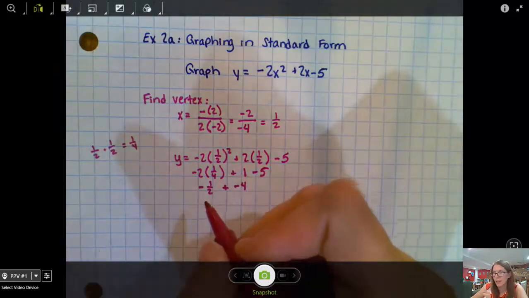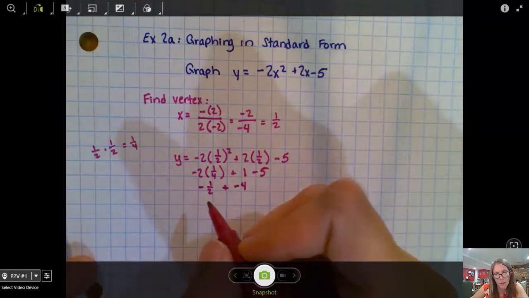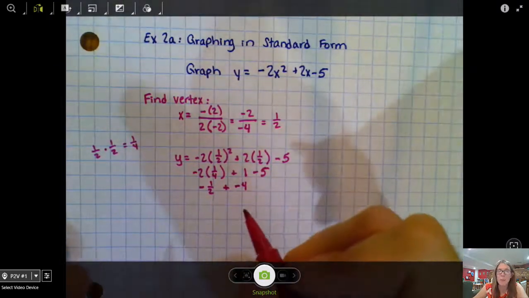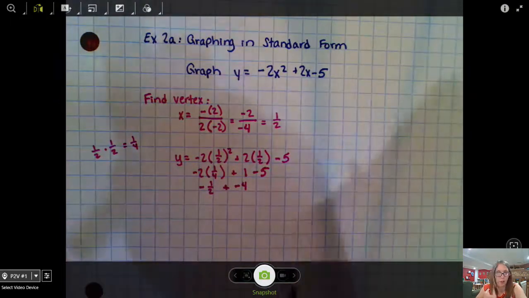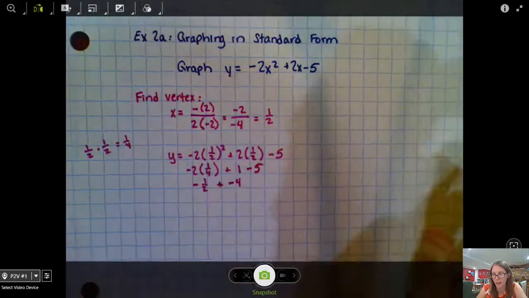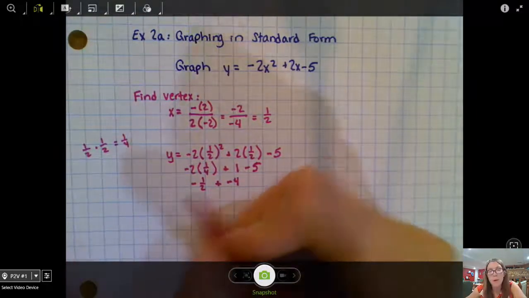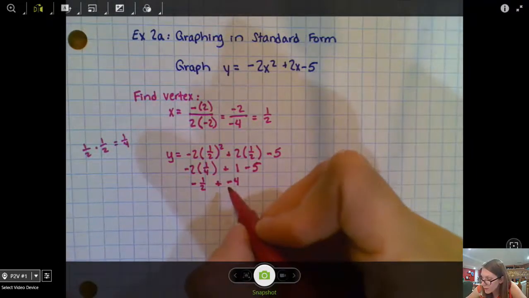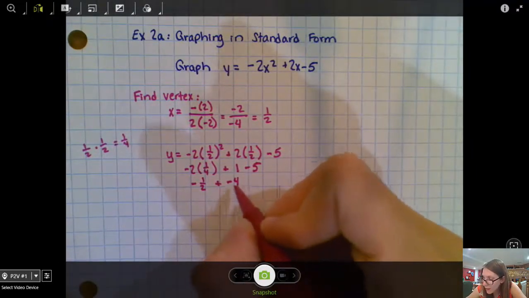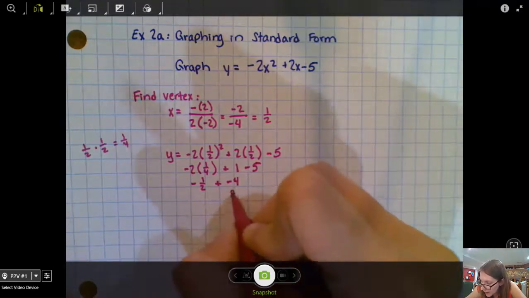Alright, so you're probably thinking negative 4.5. We like our answer written as an improper fraction. That's just kind of how math is done, I guess, kind of like math's version of grammar. Improper fractions are better. And if I wanted to write this as an improper fraction, I need a common denominator here. So 4 is 4 over 1, which is 8 over 2.